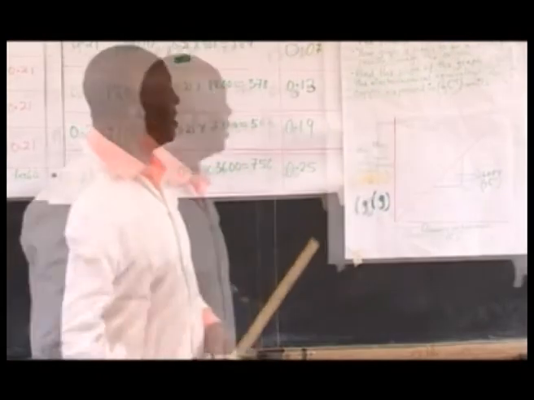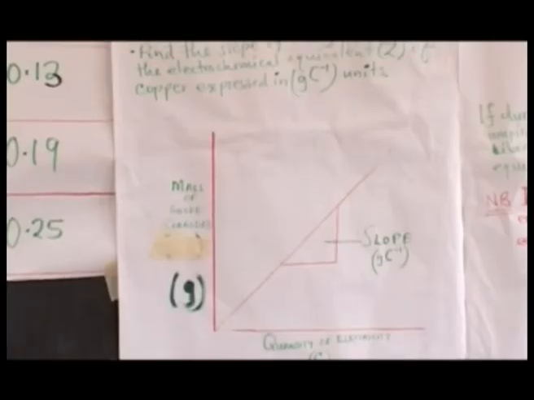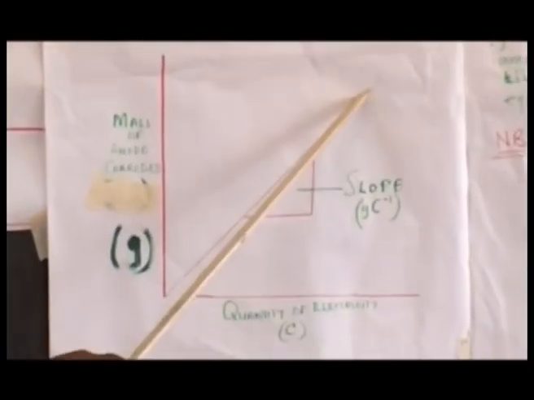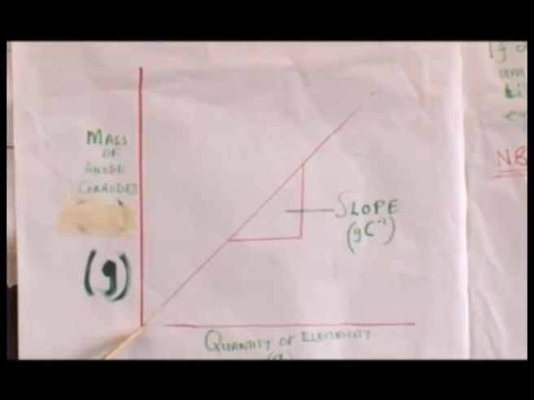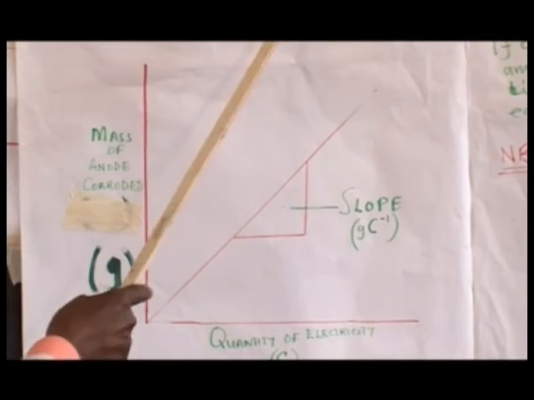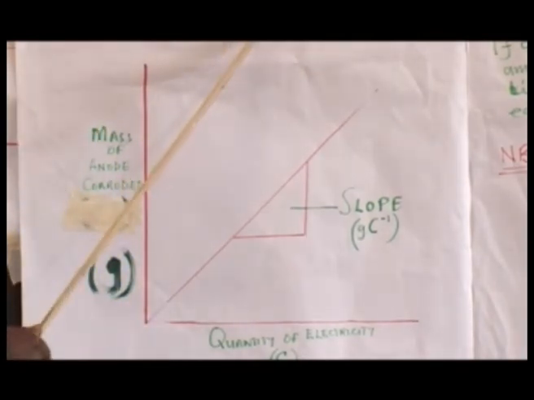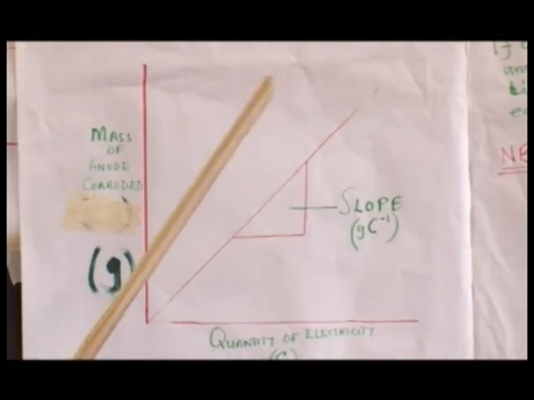Your graph is a straight line passing through the origin. This is the sketch of the line which passes through the origin. Find the slope of the graph. This slope is the electrochemical equivalent, Z, of copper expressed in grams per coulomb units.